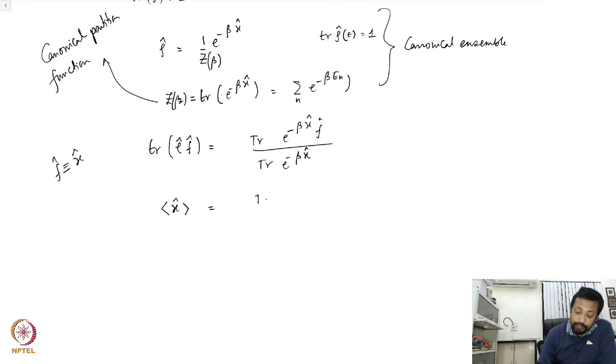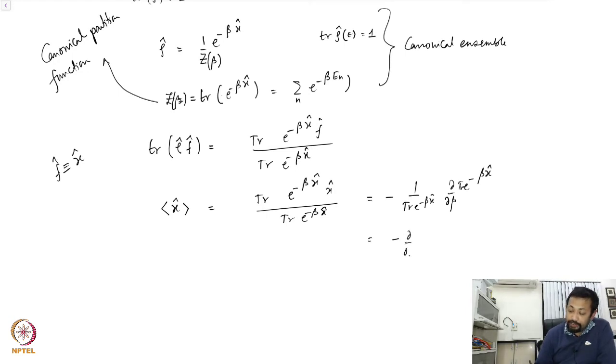It's going to be trace of H hat e to the power minus beta H hat divided by trace of e to the power minus beta H hat, which you immediately see is minus del del beta of ln Z. This is the result which we obtained for classical statistical mechanics in the canonical ensemble, right?